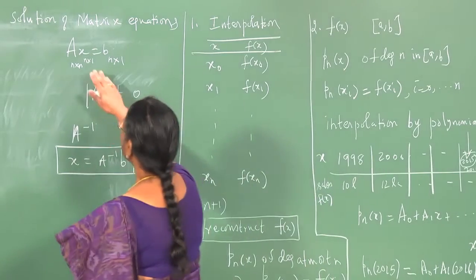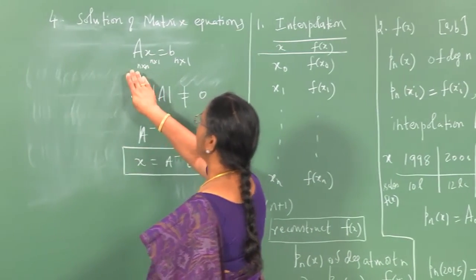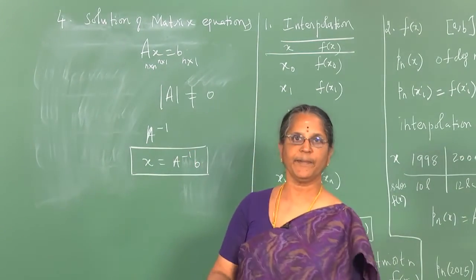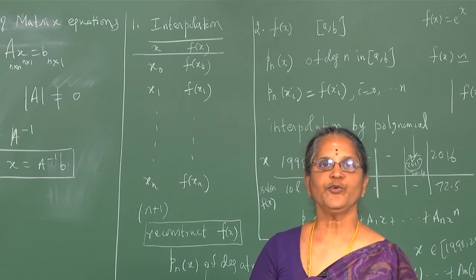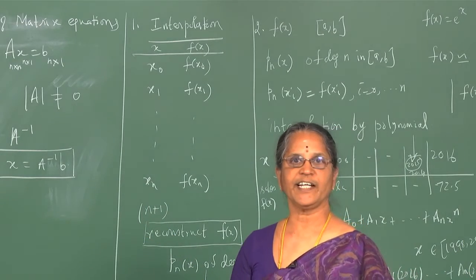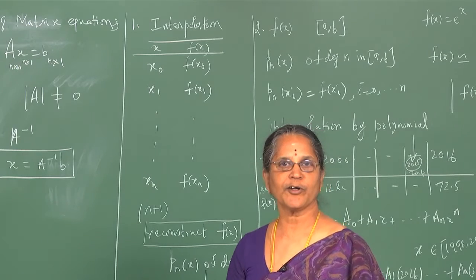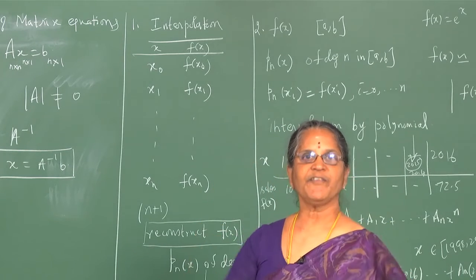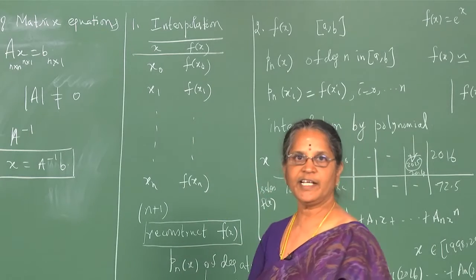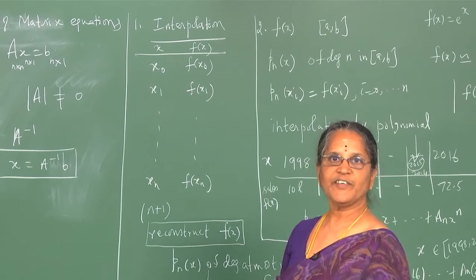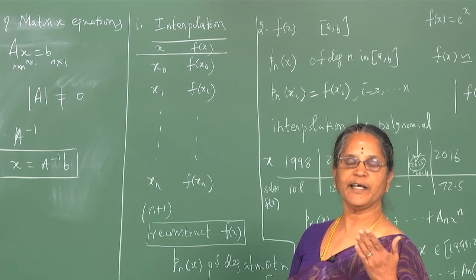Suppose A is such that it is a very large matrix. In scientific applications, when you solve a certain differential equation using finite difference methods or finite element methods, you would come across a large number of algebraic equations where n will be very, very large, and then computation of the inverse is going to be a complicated one.